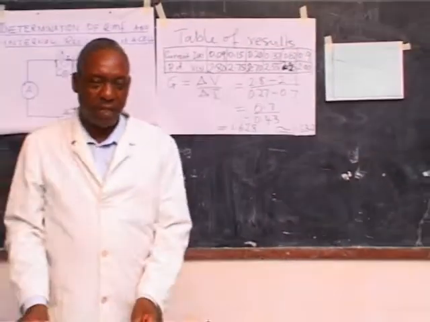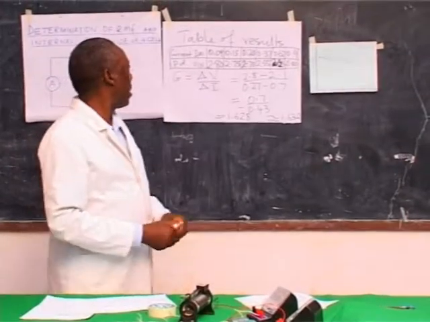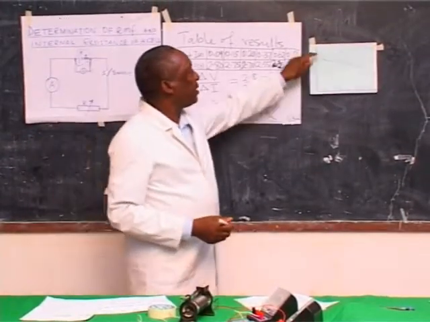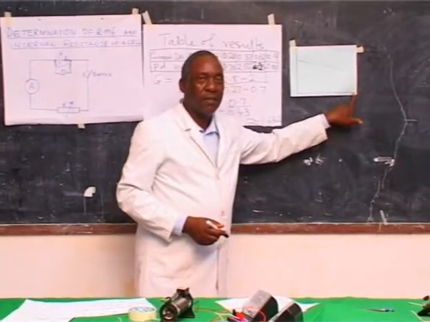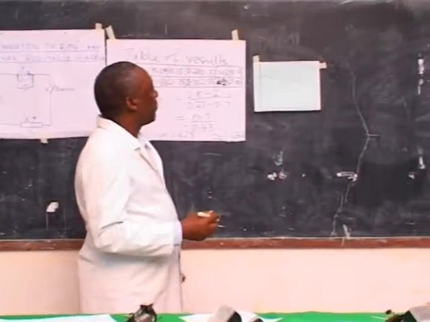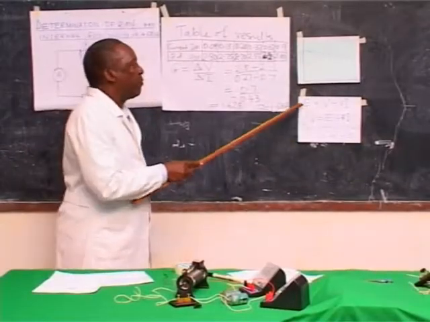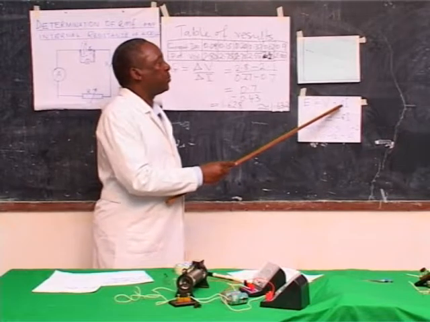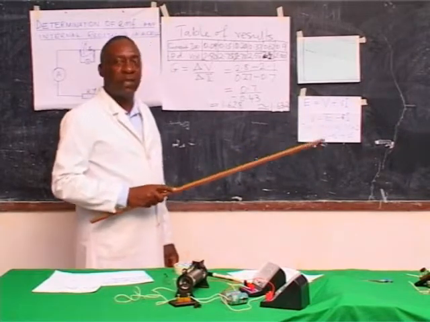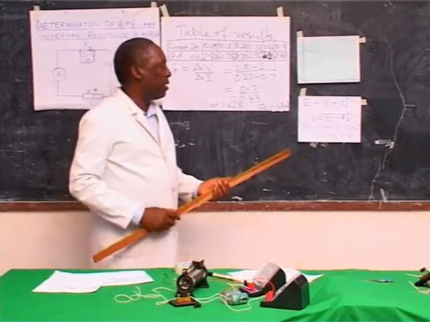Now the interpretation is that our graph is the potential difference versus current, which means EMF in the circuit is equal to the potential drops in the whole circuit.